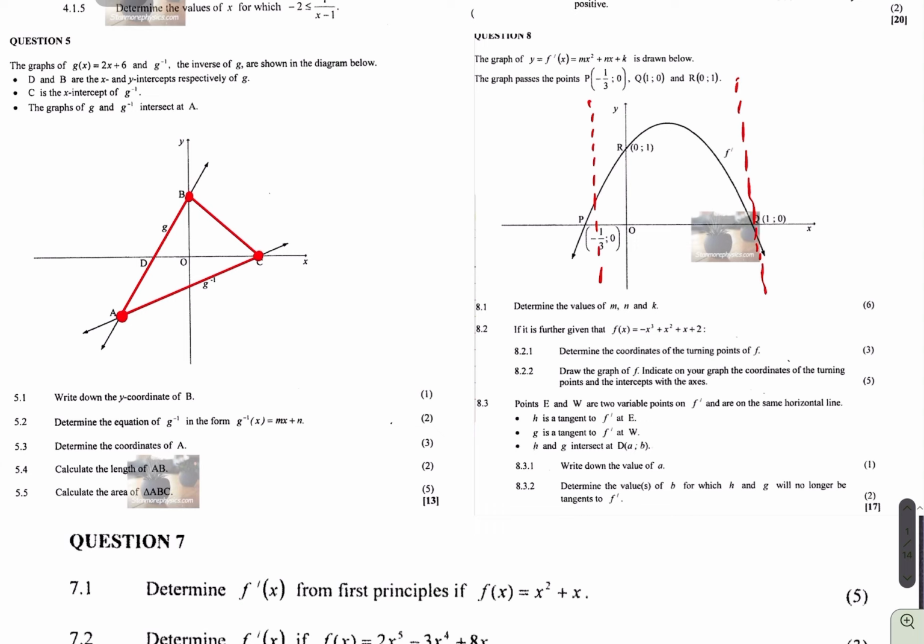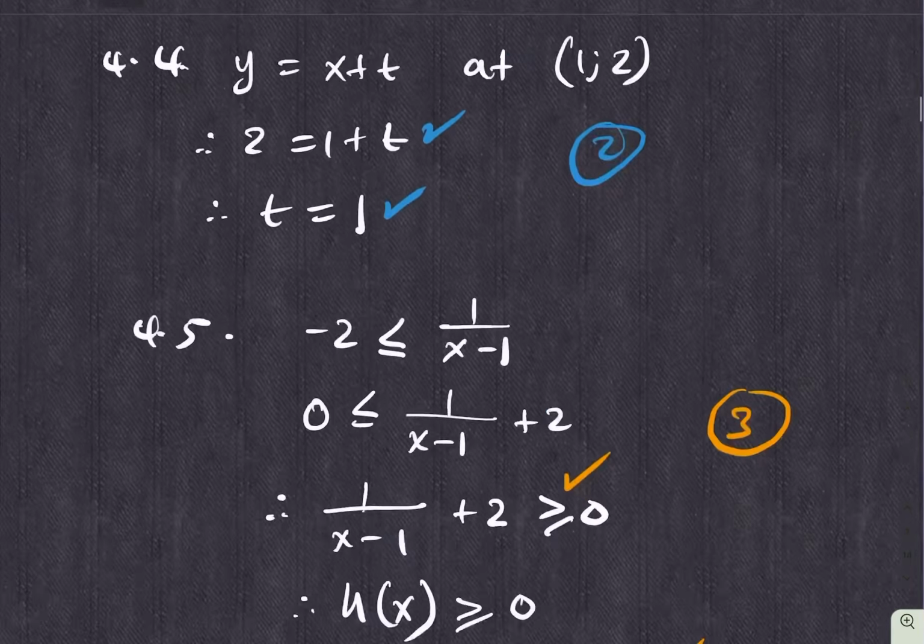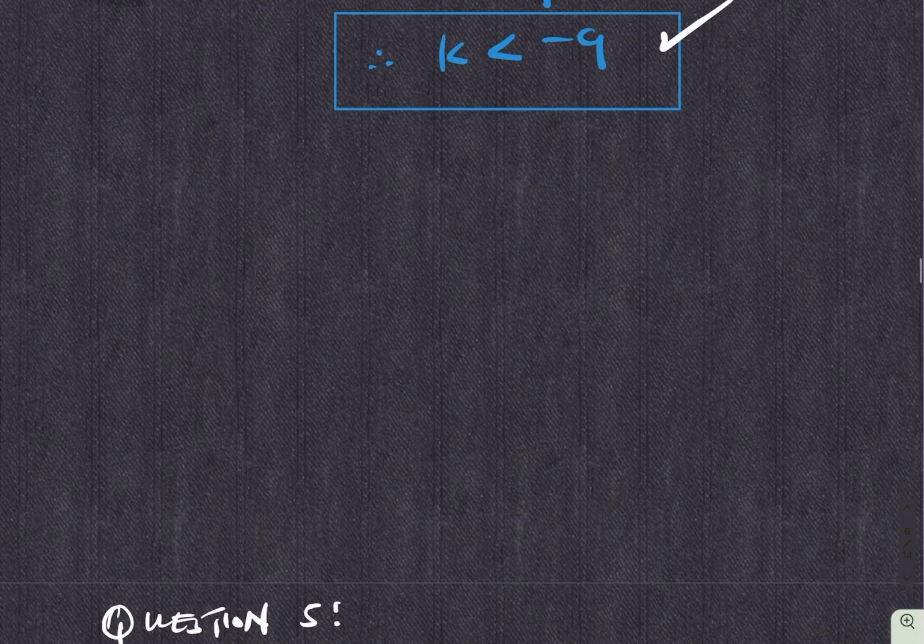So you just have to substitute the x-intercept values of f prime into f to get the corresponding y values, because the x-intercept of the first derivative is going to give you the x coordinate of the turning point of f. I hope I make sense there, and you also know that principle.